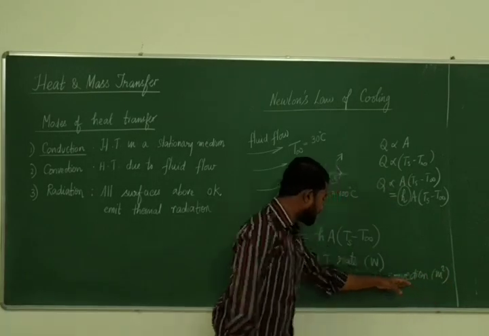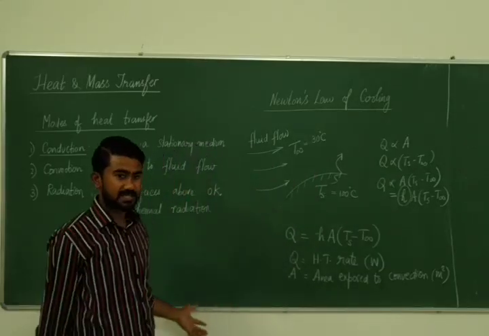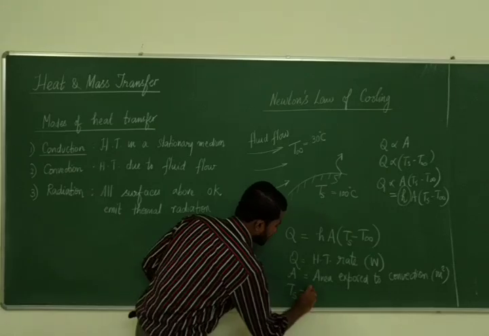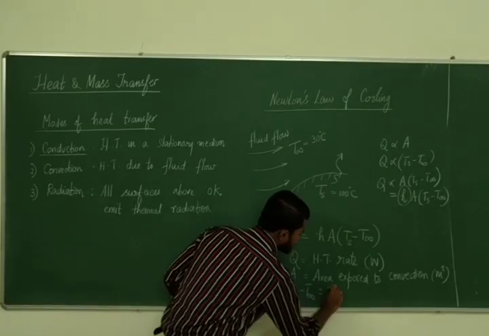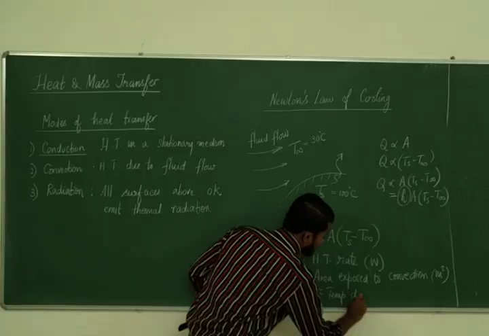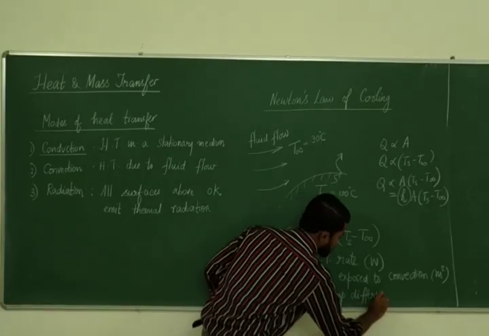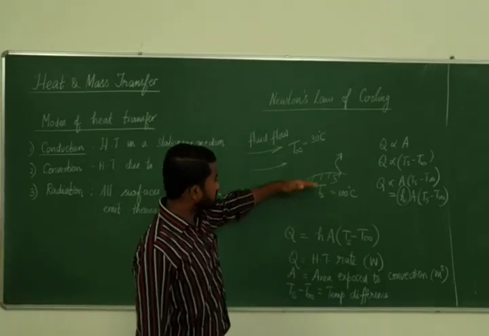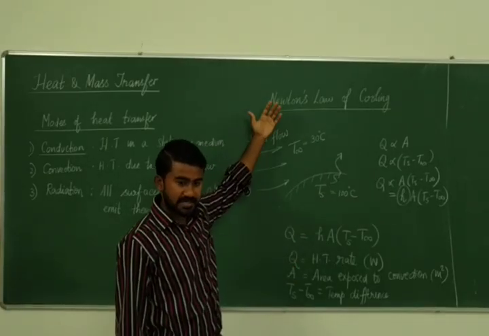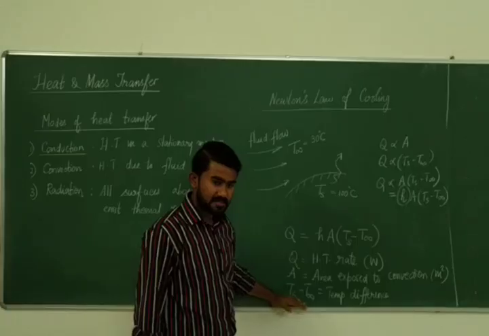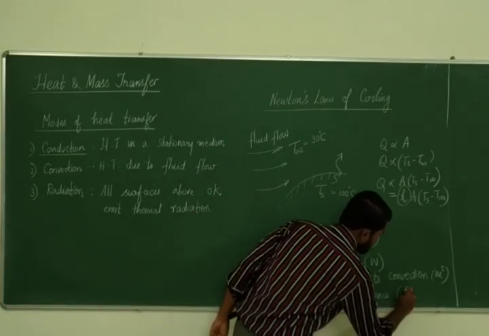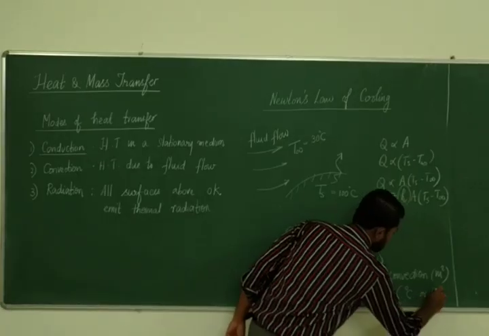So whatever is the area along which convection is taking place, that area is A. Ts minus T infinity is the temperature difference that drives convection. Whatever is the temperature difference due to which convective heat transfer is taking place, that is the temperature difference Ts minus T infinity. This is in either degree Celsius or Kelvin.